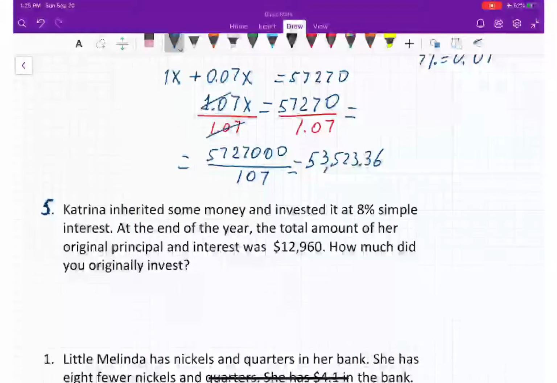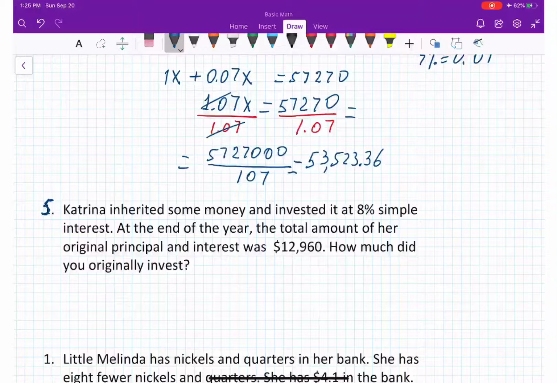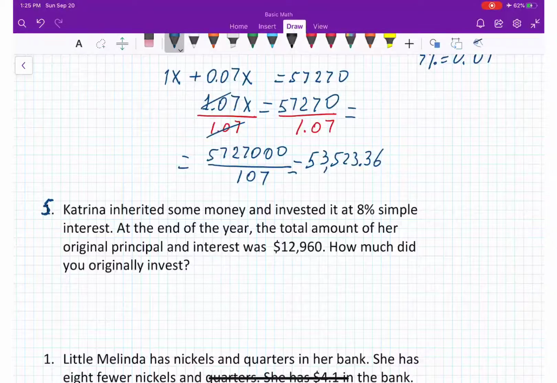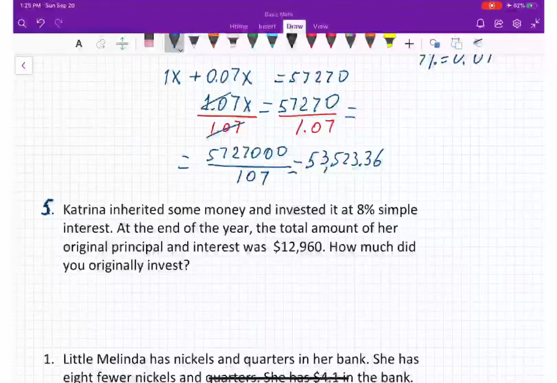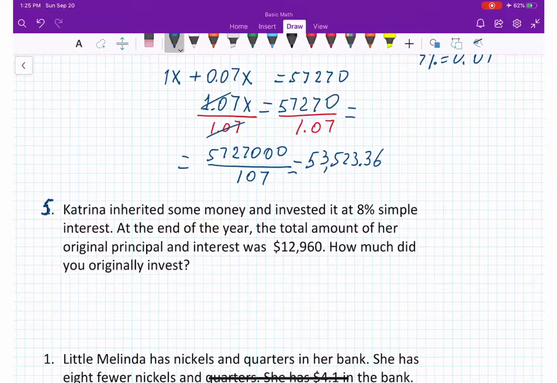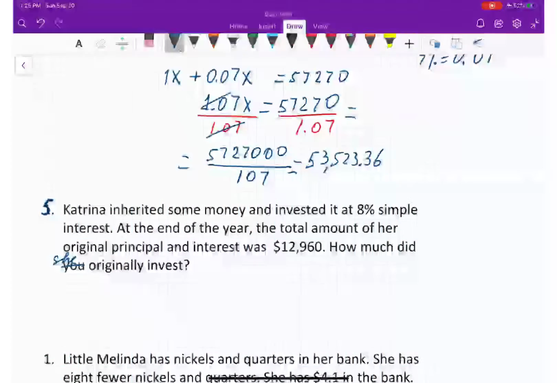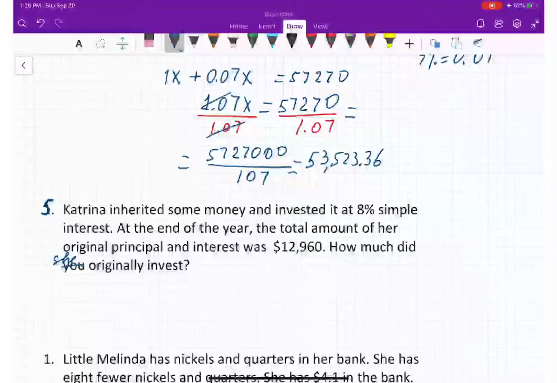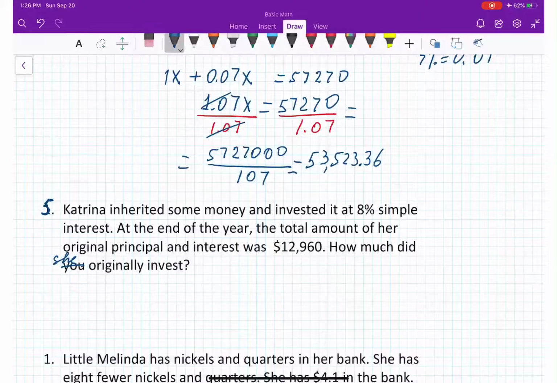Katrina inherited some money and invested at 8% simple interest. At the end of the year, the total amount of her original principal and interest was $12,960. How much did she originally invest? All right, total she invested, we don't know how much, right?